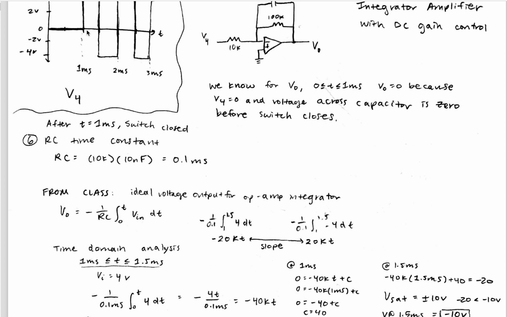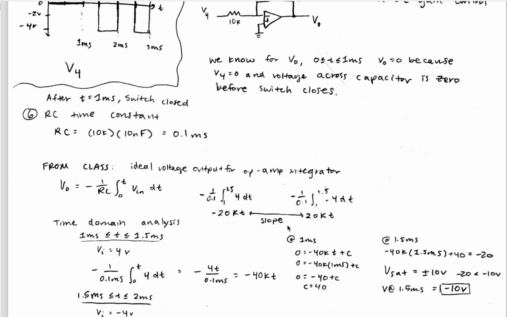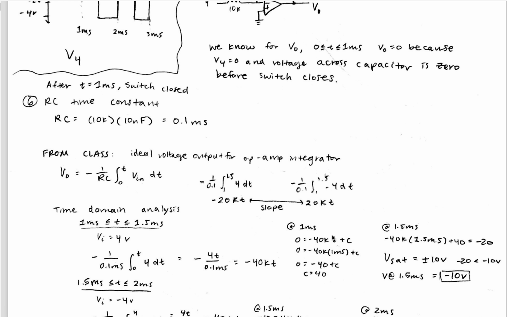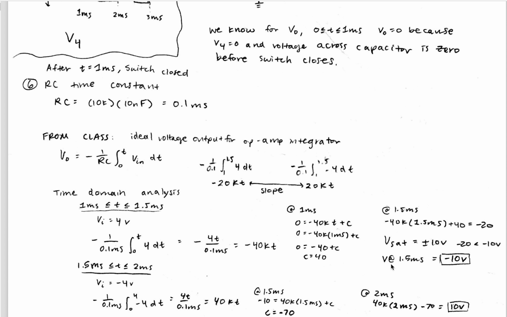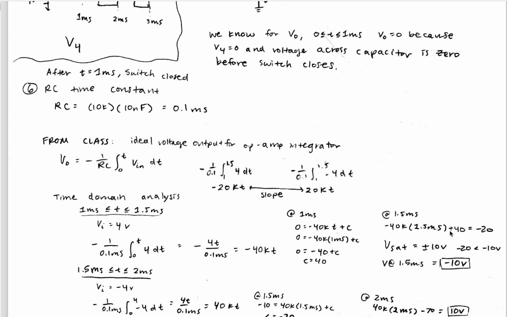To solve for that, at 1 millisecond V out is equal to 0. So we plug in this value, the slope, and the time to find this constant value. And then at 1.5 milliseconds, we plug it into this equation we found, and we know that V out would be negative 20 volts.